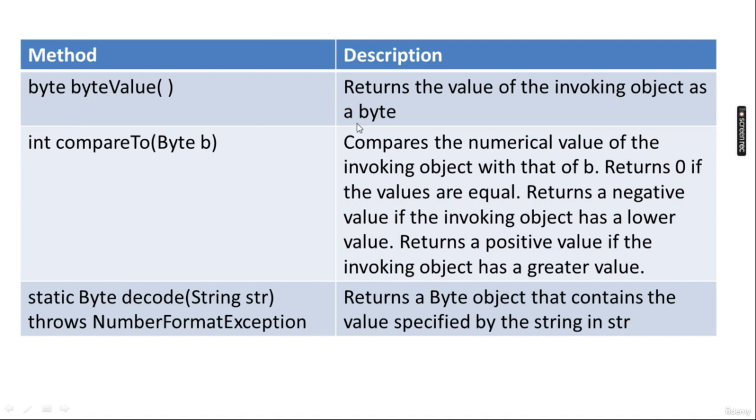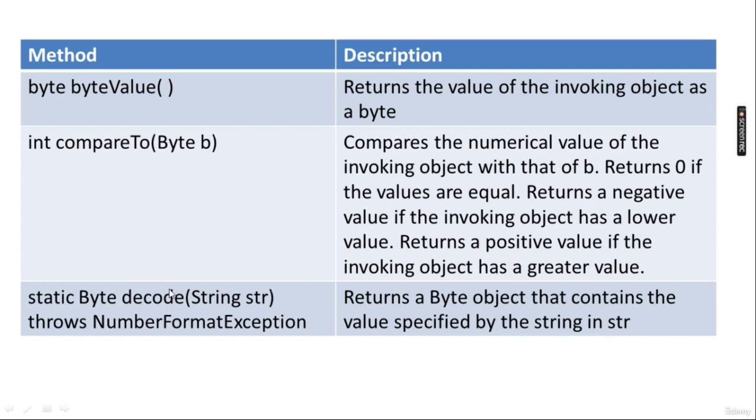Now, byteValue returns the value of the invoking object as a byte. compareTo(Byte b) compares the numerical value of the invoking object with that of b. Returns 0 if both are equal, returns a negative number if the invoking object is lower, and returns a positive number if the invoking object has a greater value.